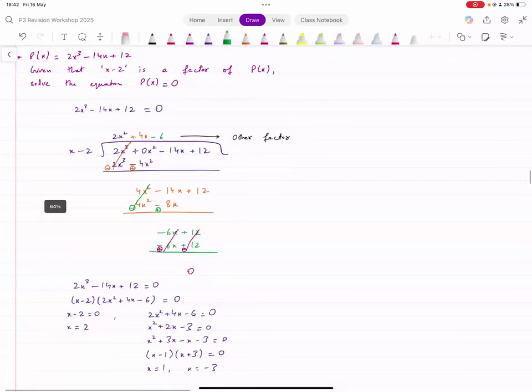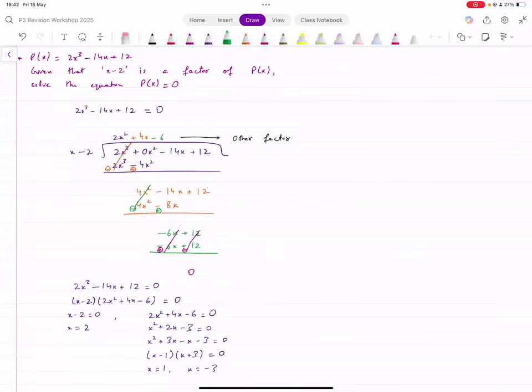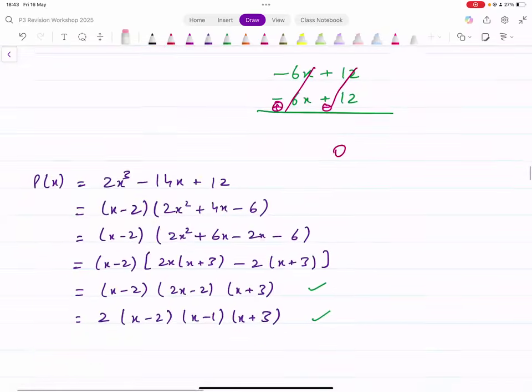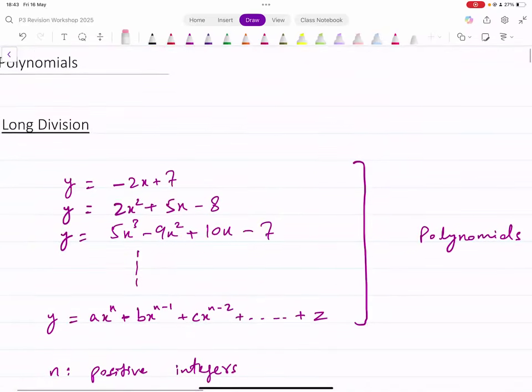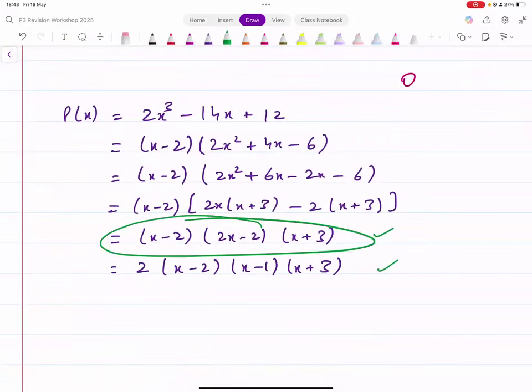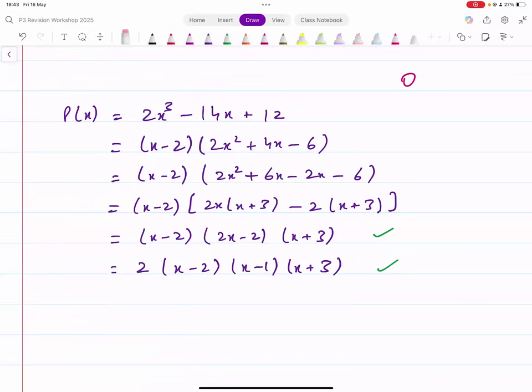So for factorization or solving equations, you'll have 80-90% of the process exactly the same. When they say factorize, we leave it in a form like this. We don't find the values of x. This is called factorized form. We leave it like this.